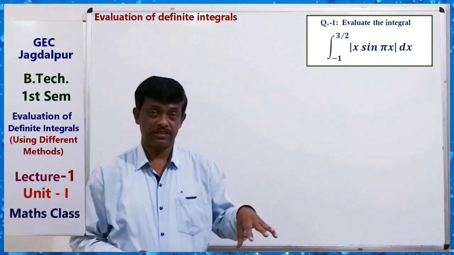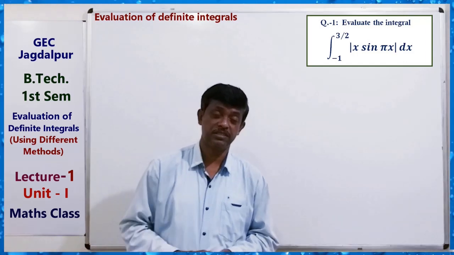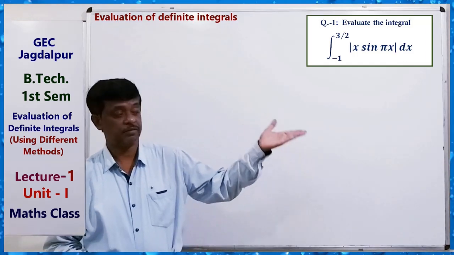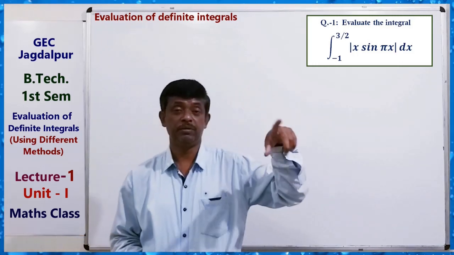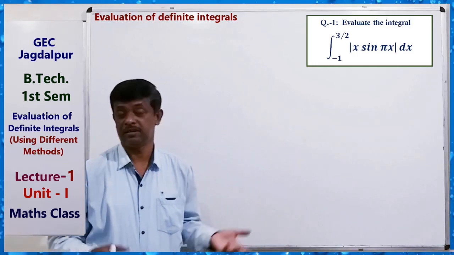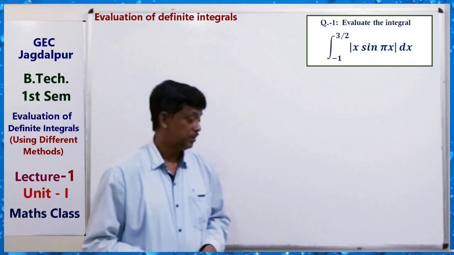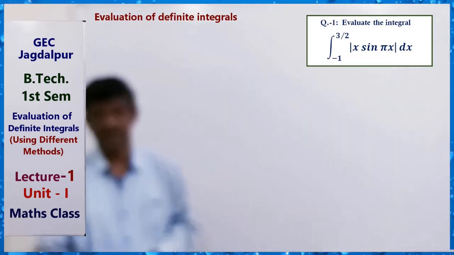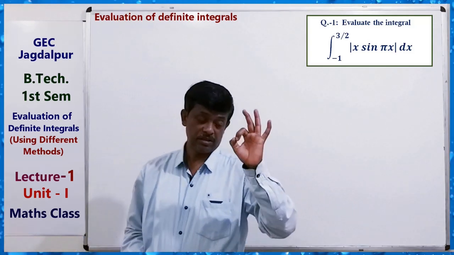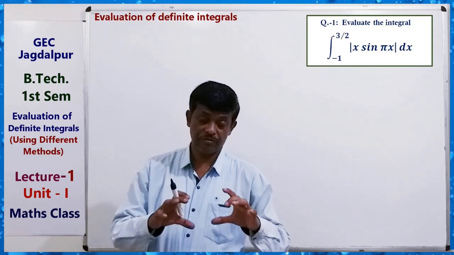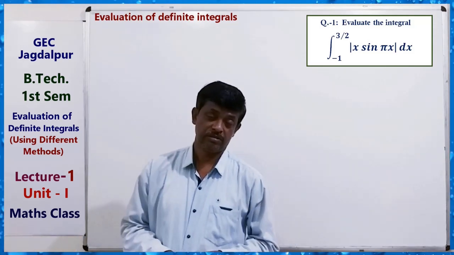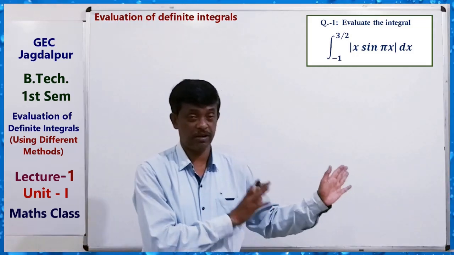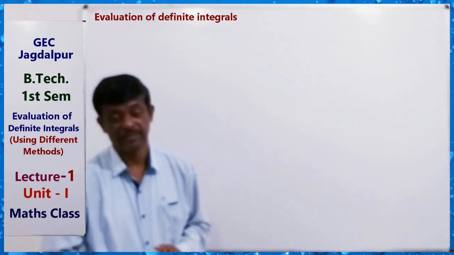The important books are Dr. B.S. Grewal, Tata McGraw-Hill, B.V. Ramana, H.K. Das. You can use these. Also, you can get many questions from other books. But you have to choose one book as your basic book, and all the questions from that book you have to solve.